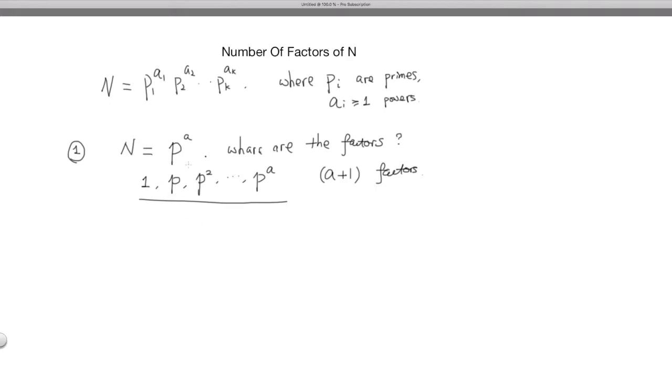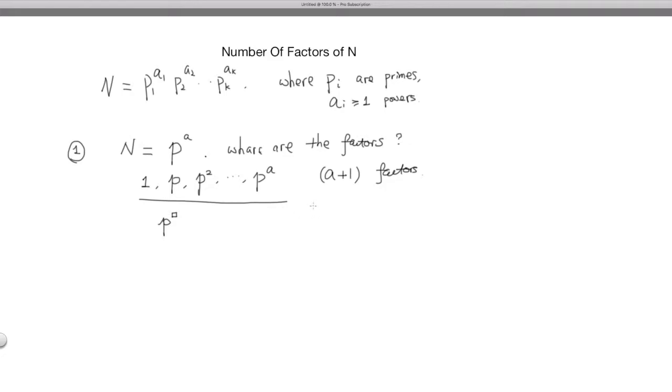A different way of thinking about this is, what is the potential form for a factor of n? I claim that it can only be in the form of p to the power something. It cannot have another prime factor in the form of the factors. And that's actually pretty clear.